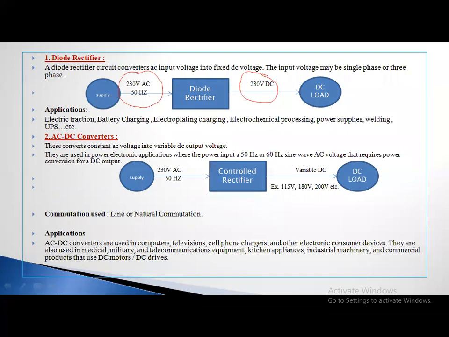Small variations can occur, but constant voltage will be provided. Is it clear? So this is the function of the diode rectifier. I have given the applications also: electrical traction, battery charging, electroplating, electrochemical processing, power supplies, welding. You can go through these applications.